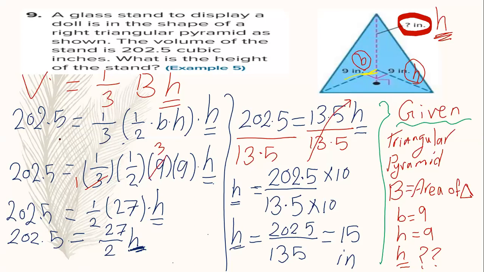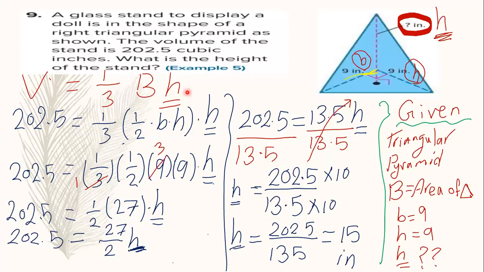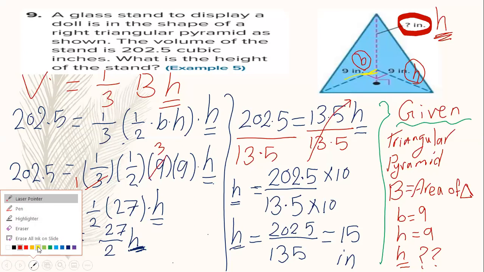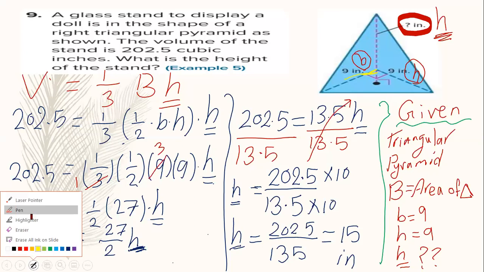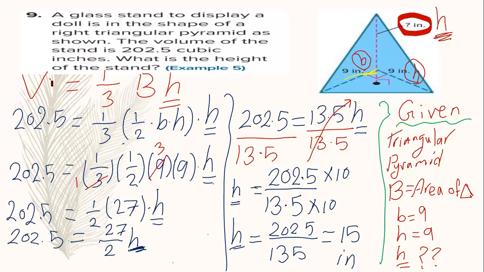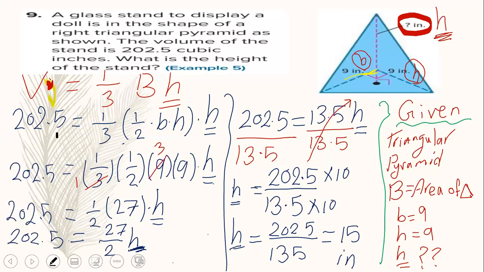What is the volume of a pyramid? Volume of any pyramid is 1/3 base area times height. We will go directly following the same steps. If the volume is given, I'll replace the V by the given volume, which is 202.5, and just substitute 1/3 as it is.